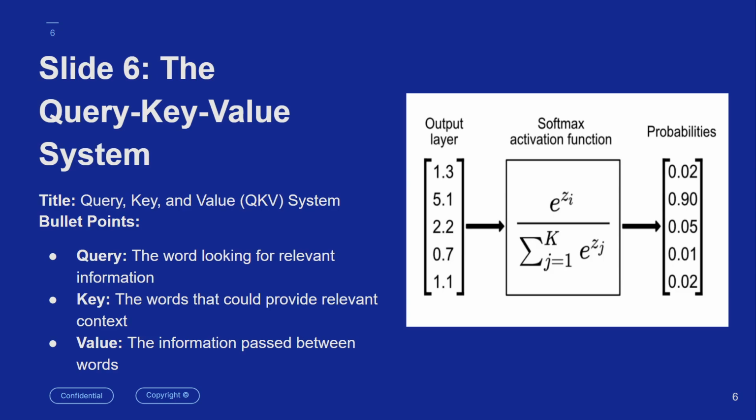The key represents potential matches for the query, and the value, V, holds the information that should be transferred if a match is found. The transformer calculates how much attention should be given to each word in relationship to another, helping it determine meaning and context.